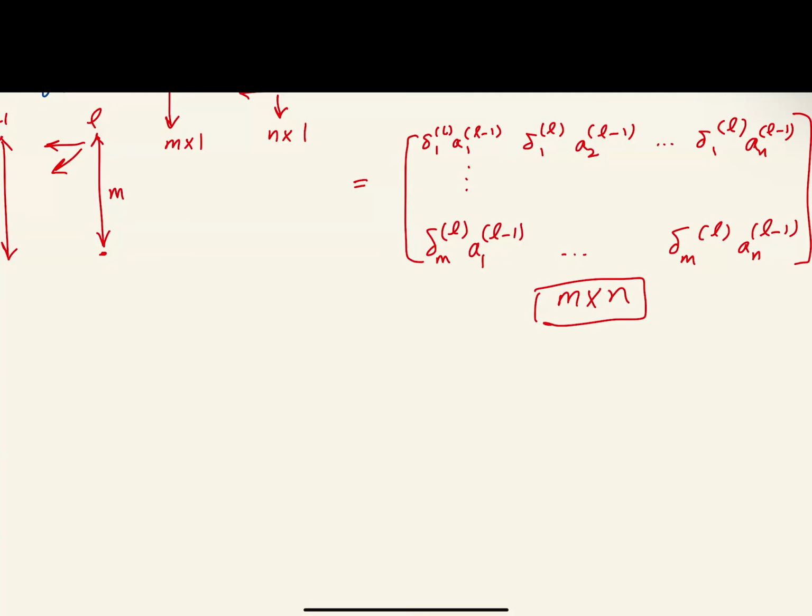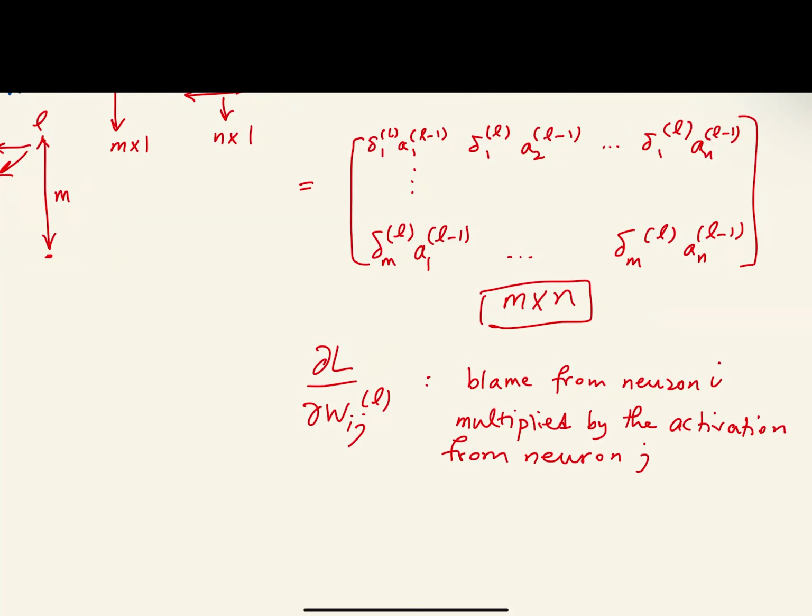So an element is basically the blame from neuron i multiplied by the activation from neuron j.